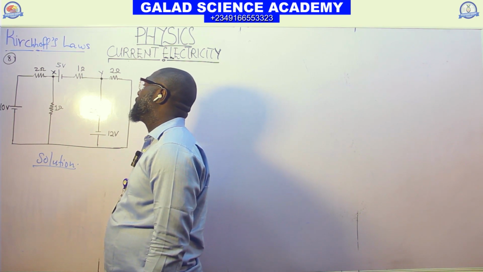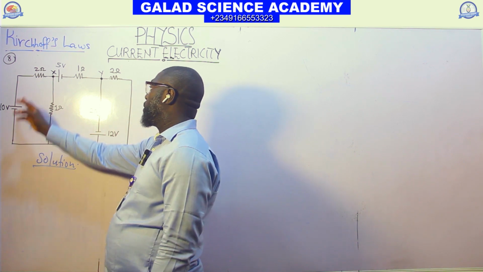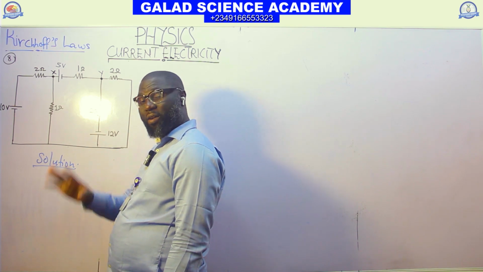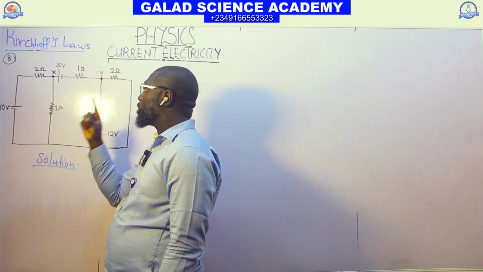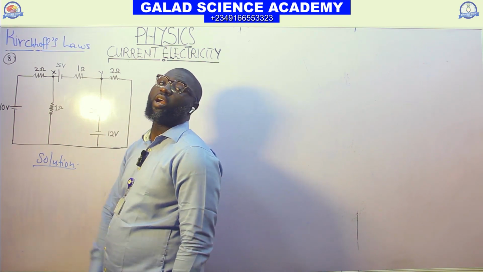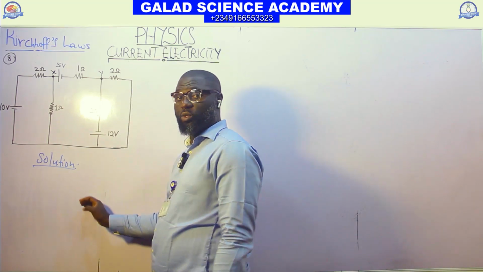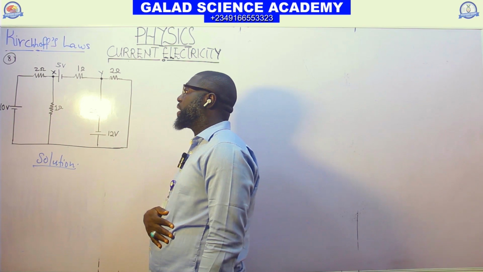If you look at the circuit, we have how many resistors there? 1, 2, 3, 4, 5. So we have 5 unknowns. So each resistor must have its own current. This is a complex circuit, so we are looking for the 5 currents here.